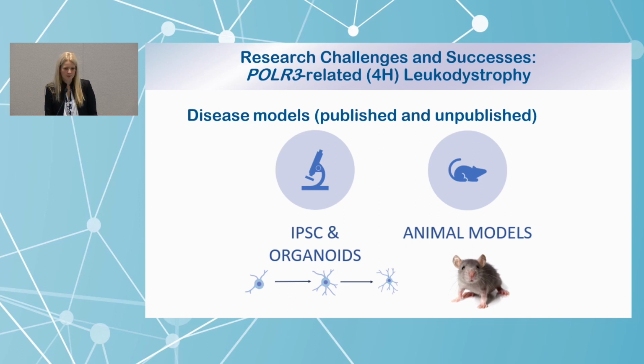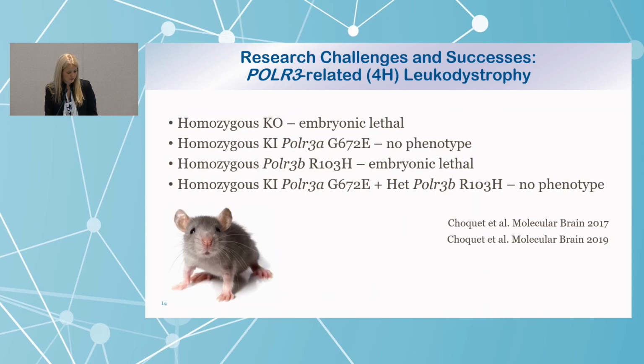So there have been some published and unpublished animal and cellular models. I'm going to briefly talk about the mouse models. We know that a homozygous knockout is embryonic lethal. The group of Bernard Brais made a Polr3a model with the common Quebec mutation for Polr3a.